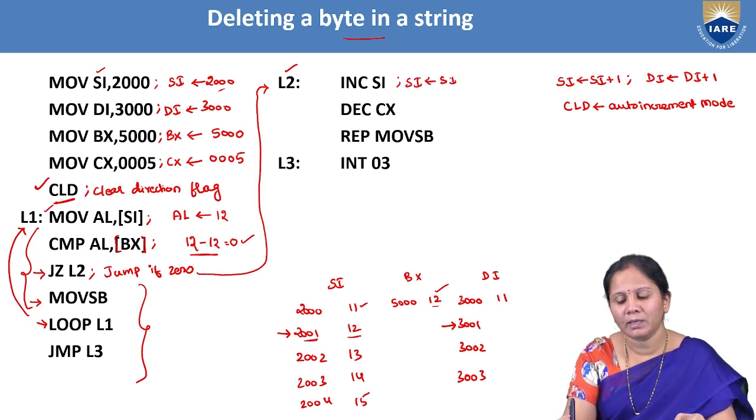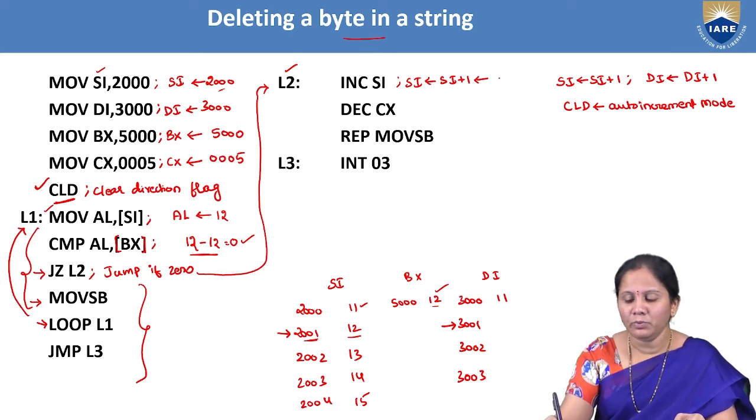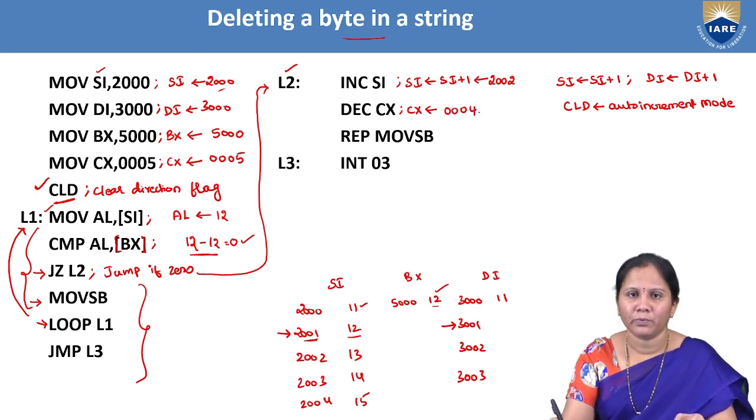The present value of SI is 2001, now it becomes 2002. And decrement CX, so the value of CX will be decremented by 1, from 5 it becomes 4.